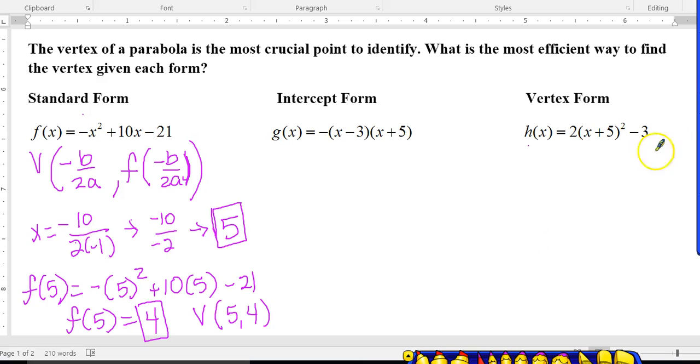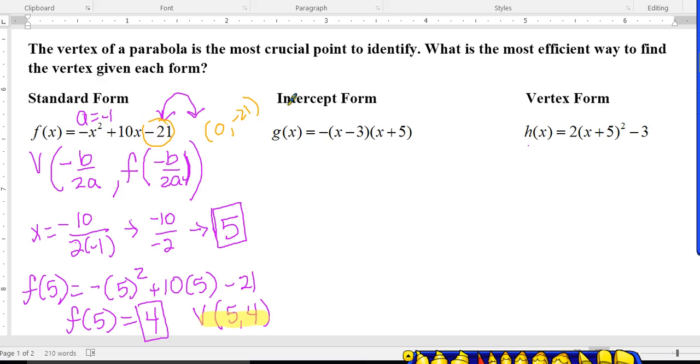Okay. So what was immediately revealed to you that we didn't talk about? So there's our vertex. What do we know about our parabola since our A is negative? A is -1, so we know our parabola goes like this. And what other point is immediately revealed to us? Your Y-intercept, which is 0, -21. So you now have 2 points that you can graph.